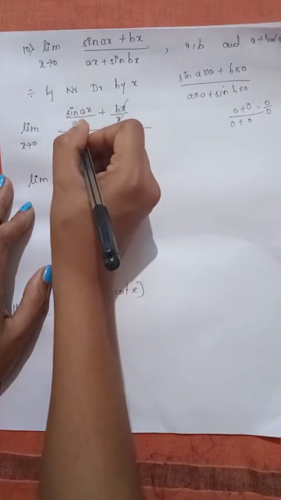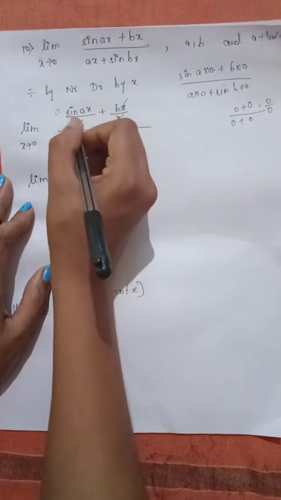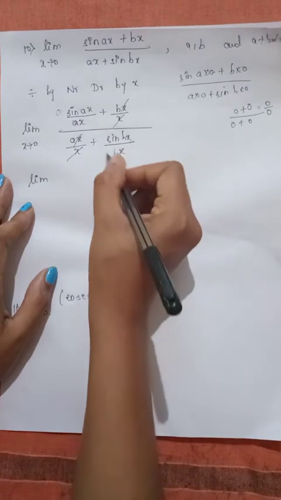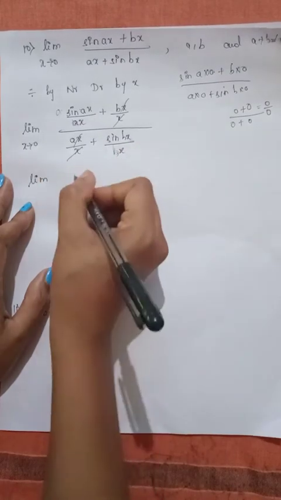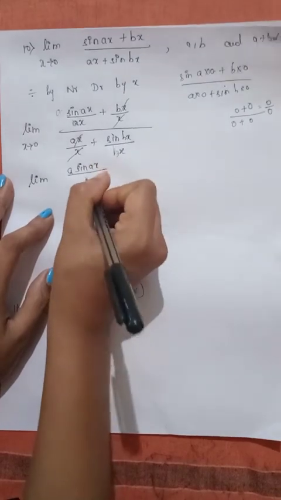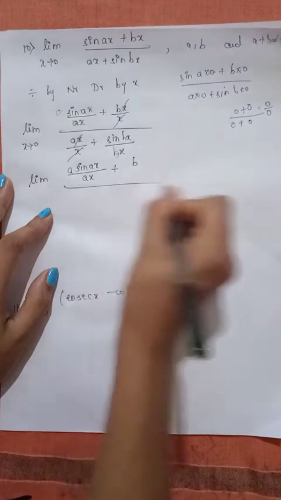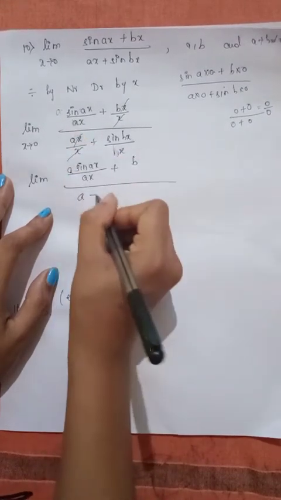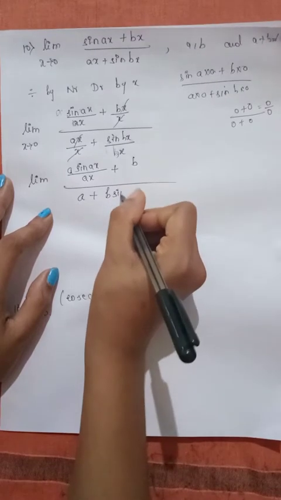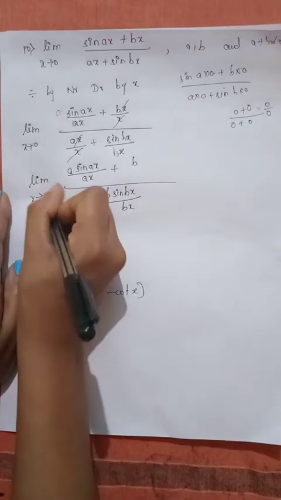So what do I have to do? If I have to get a here, I have to multiply also by a. Correct? I have to multiply and divide this term by a, and I have to multiply and divide this term by b. Only that term. So it is a into sin ax divided by ax plus b, where x is cancelled, divided by a plus, here you have to multiply and divide by b. So b into sin bx divided by bx as x tends to 0.